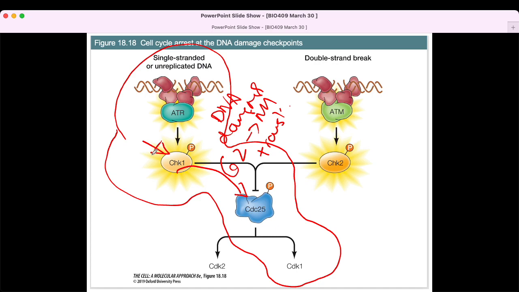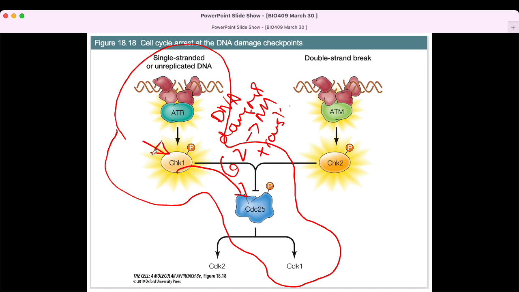The book likes to emphasize that there are certain types of DNA damage that are likely to make this thing active. But it gets activated by detecting it. We don't need to know the details of that, but proteins are detecting that damage or unreplicated DNA, and that activates CHEK1. And CHEK1 is a kinase, and it phosphorylates CDC25 and inactivates it. There would be orthologs of these proteins in every eukaryotic cell on our planet.